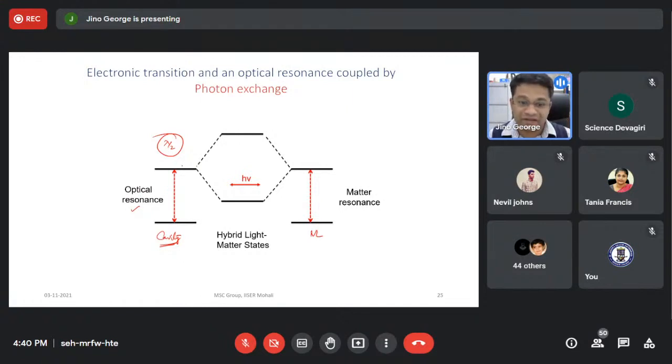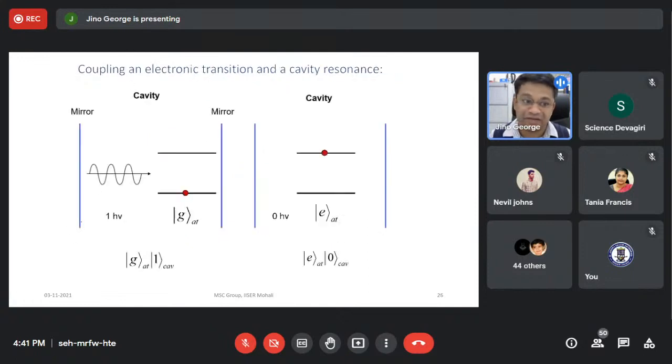Then what happens if energy is given? This state gets excited, then it gives back. Given, gives back. Same ping pong game or table tennis here. So energy is being exchanged between the optical mode and the molecular state. You end up having something like this.